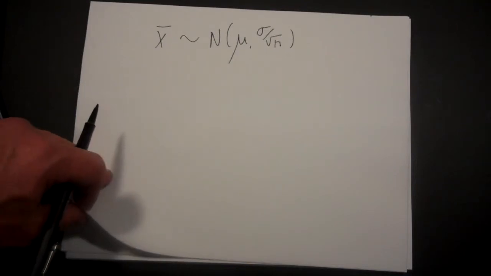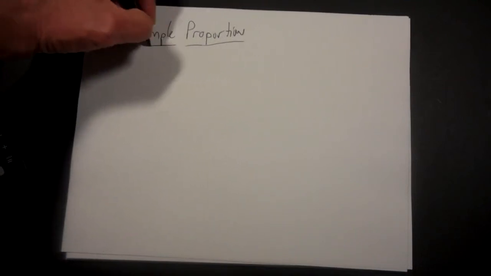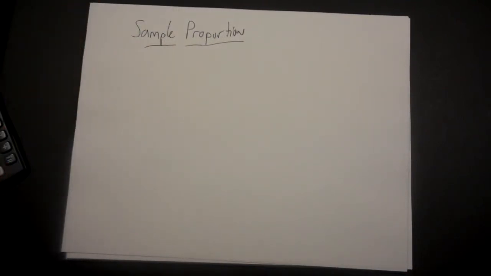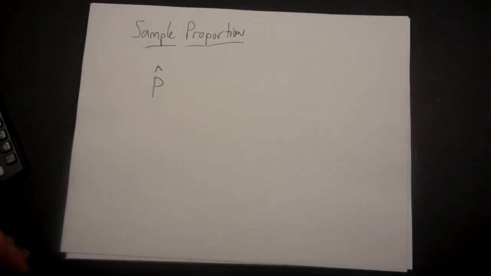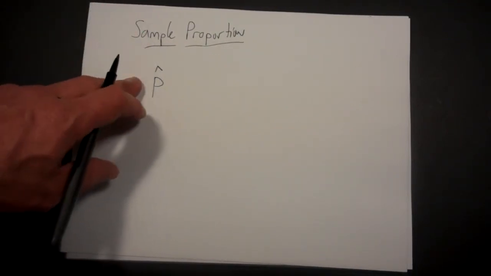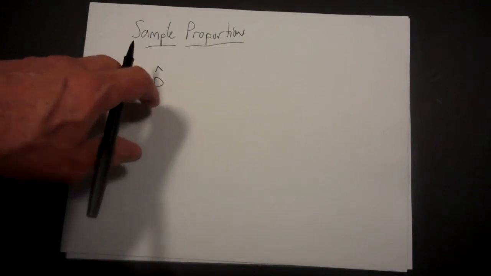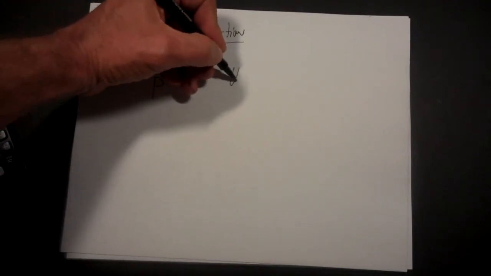The second common statistic we're going to use is what's called the sample proportion. This might be an example where, say, you were asked, do you like football or do you not like football? And you're trying to estimate what percentage of Americans like football. So we're going to use as our symbol for that p hat, which is the estimated sample proportion. And there are certain things we know there too.